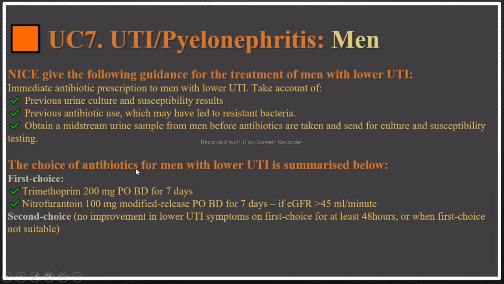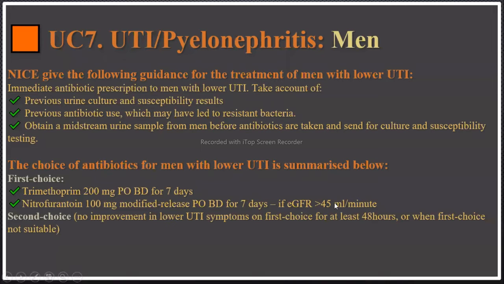The choice of antibiotic for men with lower UTI: first choice is trimethoprim, also nitrofurantoin, 200 milligram twice daily for 7 days. When to use nitrofurantoin? If eGFR more than 45 ml per minute is mentioned in the scenario.